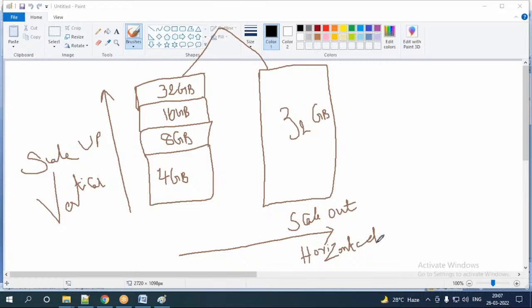If you increase your RAM size, you can in turn increase your heap size. If you increase the heap size, your memory management will be good, and because of that your application is going to work fine. That kind of recommendation you can give. You're getting my point.